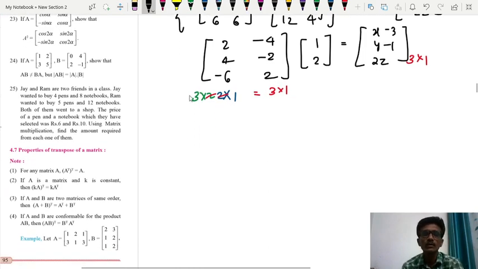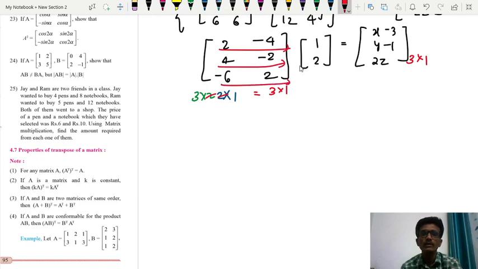First row into column. See here. First row into column. Second row into column and third row into column. So what will be this multiplication? इसका multiplication क्या होगा? देखो. First row into column. So we are getting column matrix.